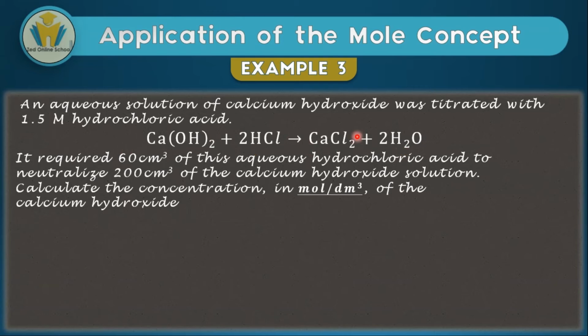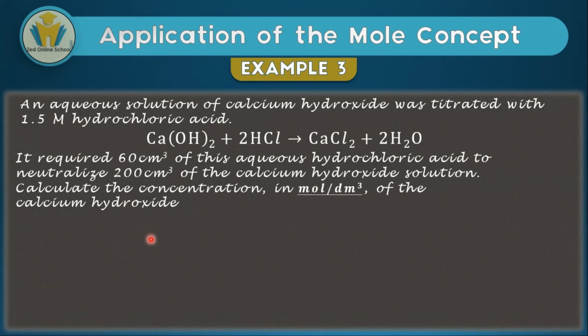As you can see, it's a simple reaction. So it required 60 cubic centimeters of the aqueous hydrochloric acid to neutralize 200 cubic centimeters of calcium hydroxide. Very important. Now we're asked to calculate the concentration in mole per cubic decimeters of the calcium hydroxide.